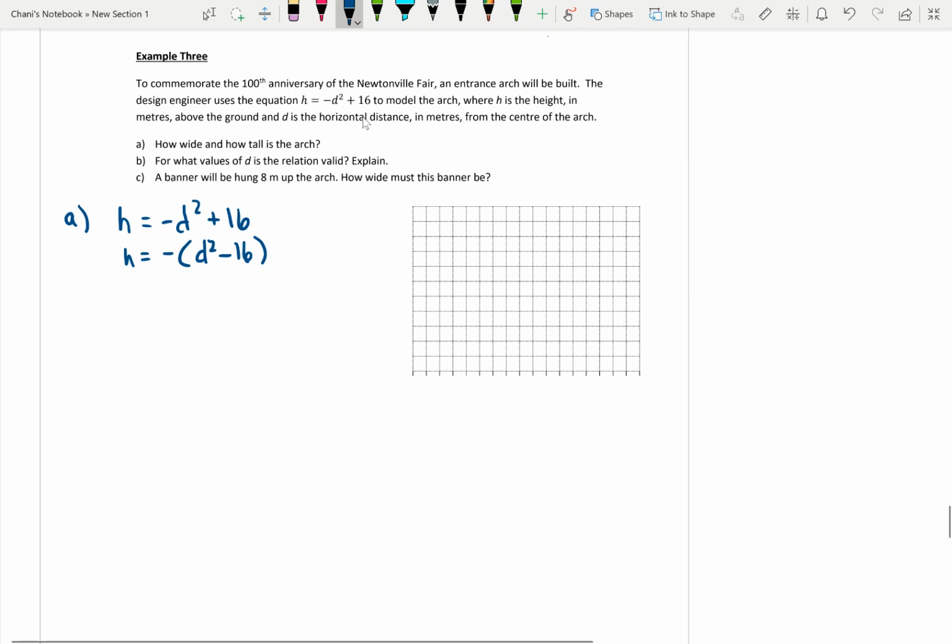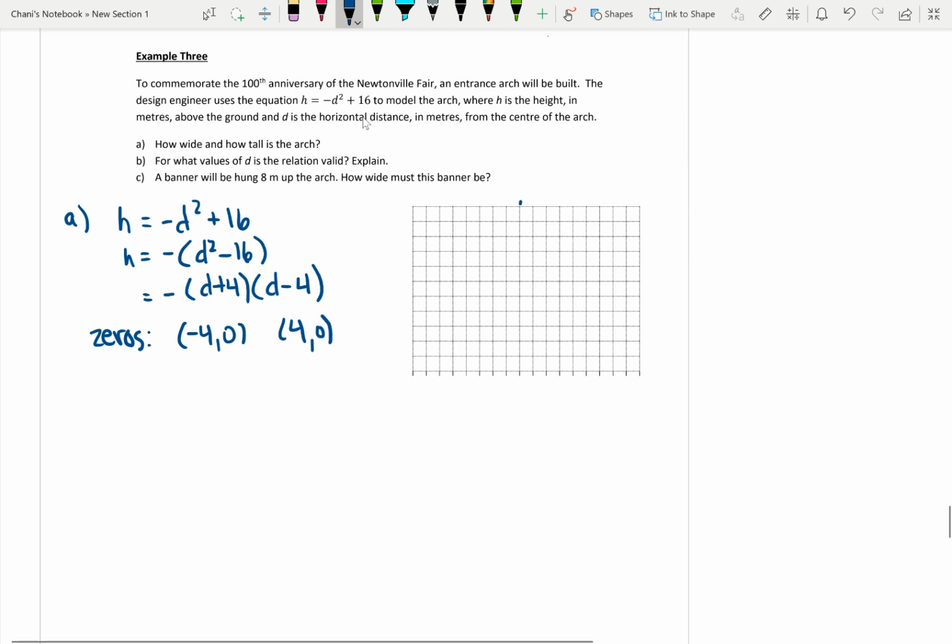You should have thought about that. 16 is a perfect square. So this actually factors to negative d plus 4, d minus 4. So our zeros are negative 4, 0, and 4, 0.